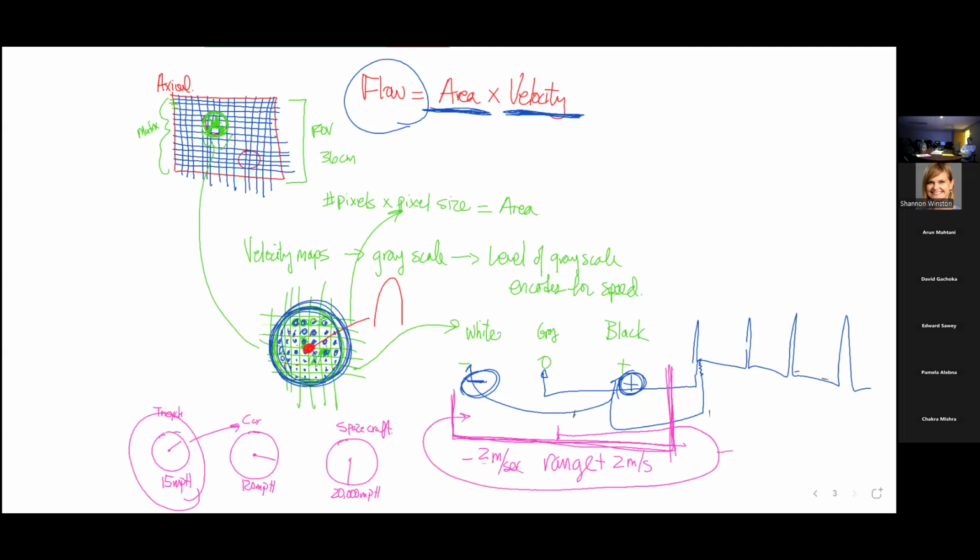And that is called aliasing. So one of the problems that you have when you pick this speedometer that's set too low for the target that you're imaging, you're going to have aliasing.